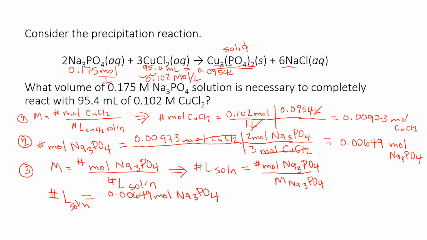And we're going to divide that by the molarity of the sodium phosphate solution, which is 0.175 moles per liter of solution. So that liter will flip up into the numerator. So our moles cancel, and that leaves us with liters of solution. Okay?